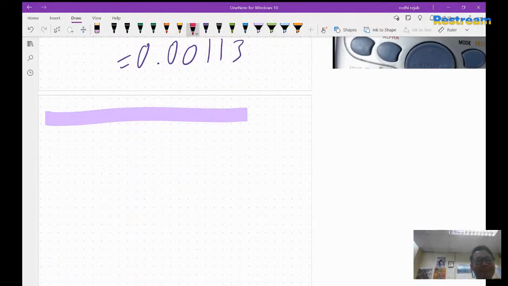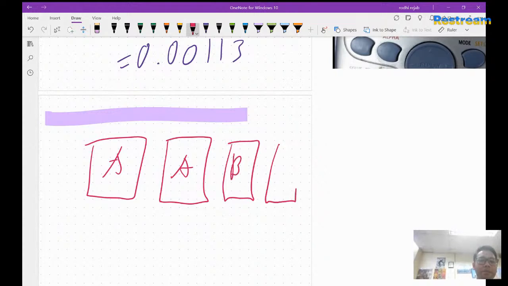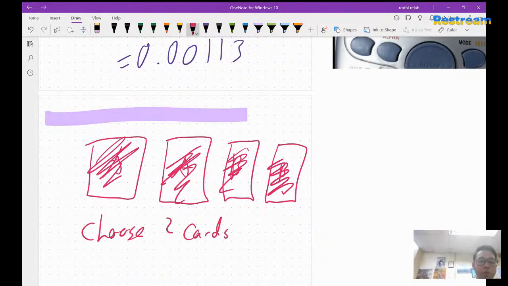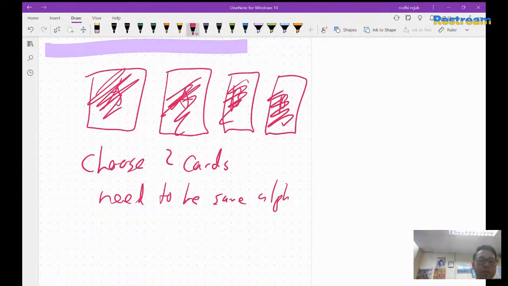If I give you 4 cards, which are written A, A, B, and B, and I close them, and you need to choose 2 cards which have the same alphabets to win.